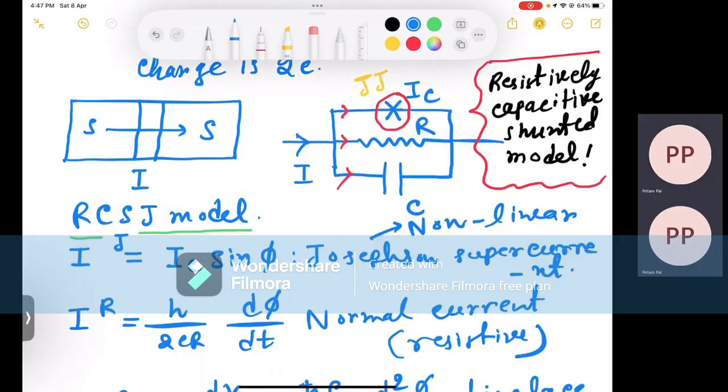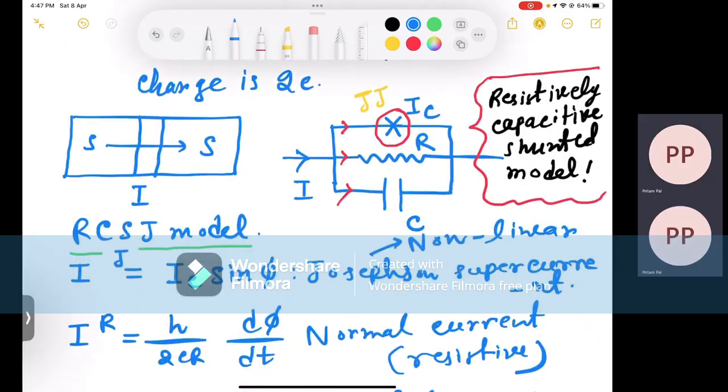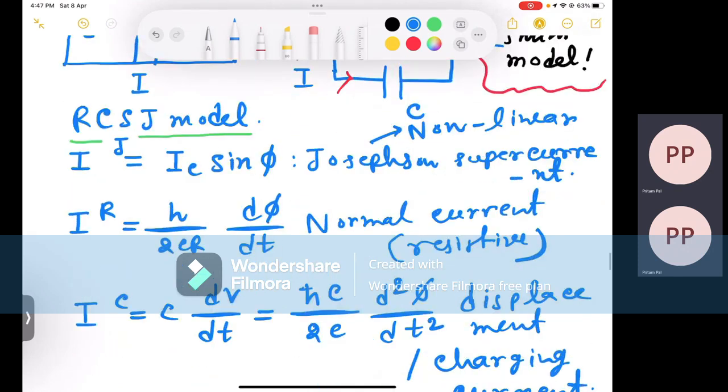So now, instead of simply the IC times sine phi contribution, we also have the resistive contribution as well as the capacitive contribution, in addition to the Josephson junction contribution, for the real Josephson junction, right?